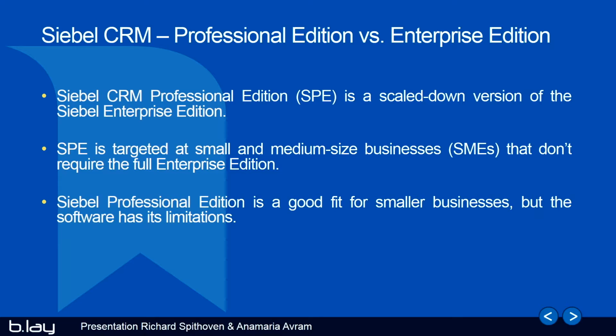For instance, vertical products are not available in the Siebel Professional Edition. Thus, a big pharmaceutical company licensed for the Enterprise Edition will benefit from the vertical functionality, while a smaller organization using Professional Edition would not.